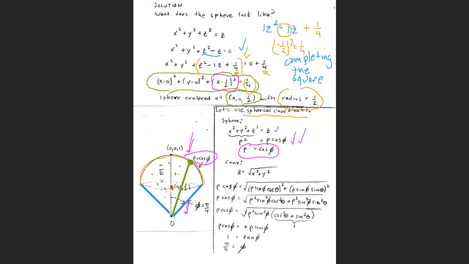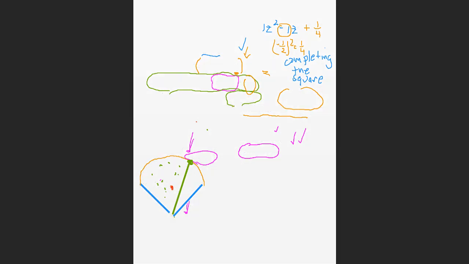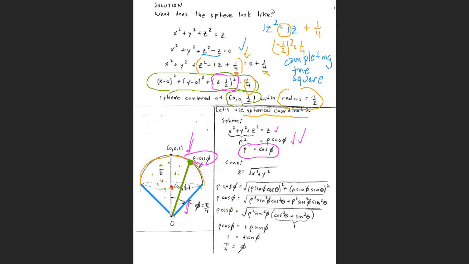So your limits on rho are going to go from rho equals 0 to rho equals cosine phi. But now we have to get limits for phi.